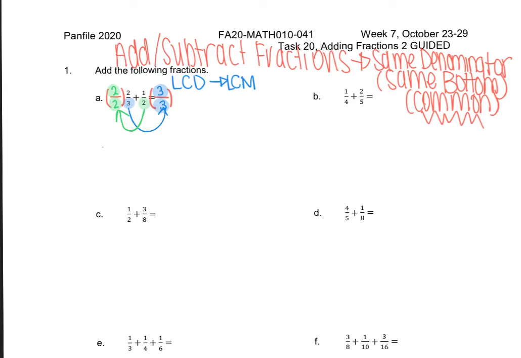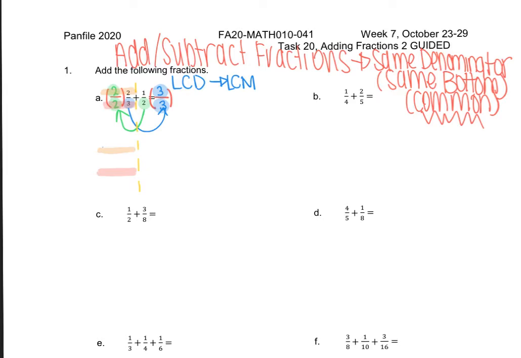Ultimately, if we split it for a second, you multiply these top pieces and put the result here, and you multiply these bottom pieces and put the result here, and you get another fraction.